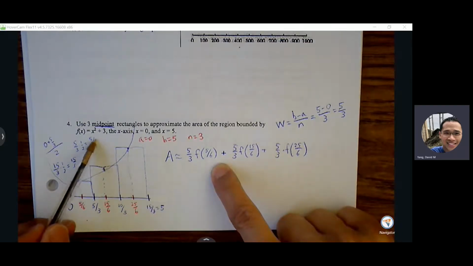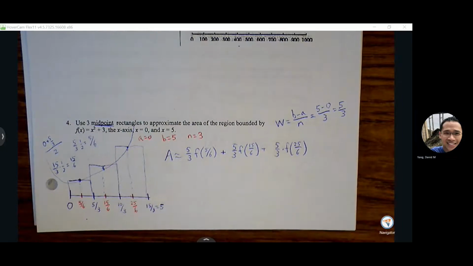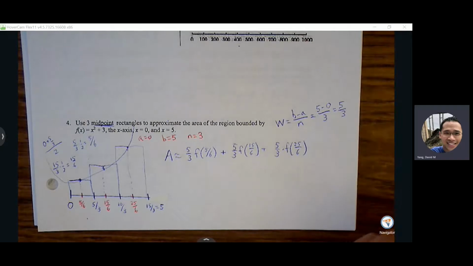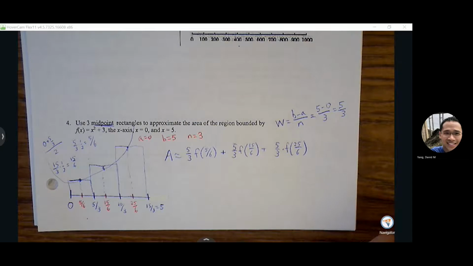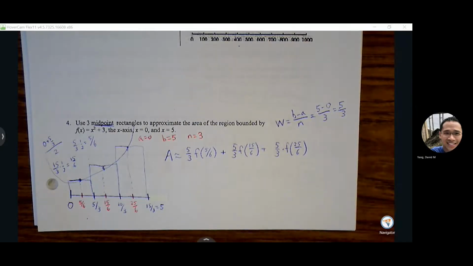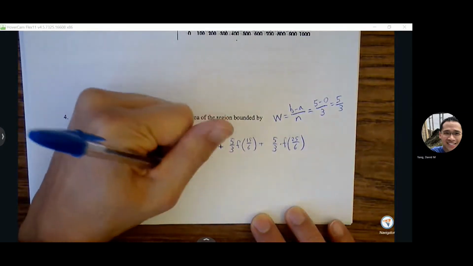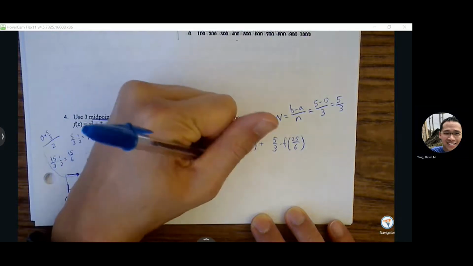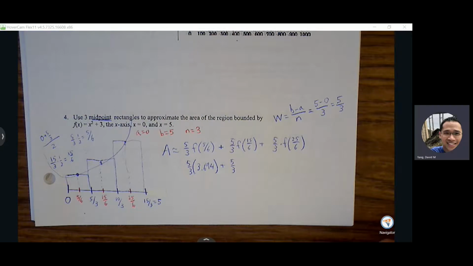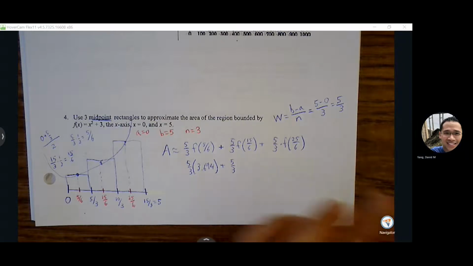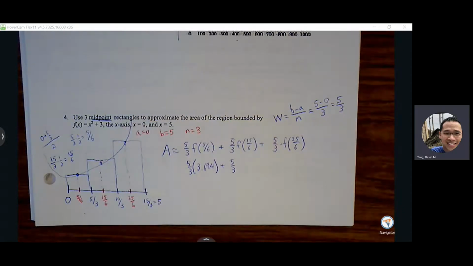We're just going to plug 5/6 in for the x and do 5/6 squared plus 3. Yeah, you can pull from that packet there.